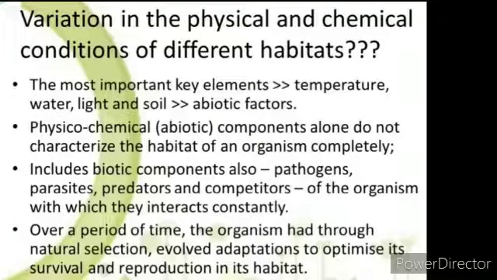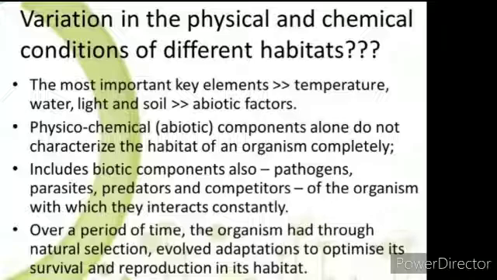What are the key elements that lead to so much variation in the physical and chemical conditions of different habitats? The most important ones are temperature, water, light and soil. We must remember that the physico-chemical, that is the abiotic components, alone do not characterize the habitat of an organism completely.